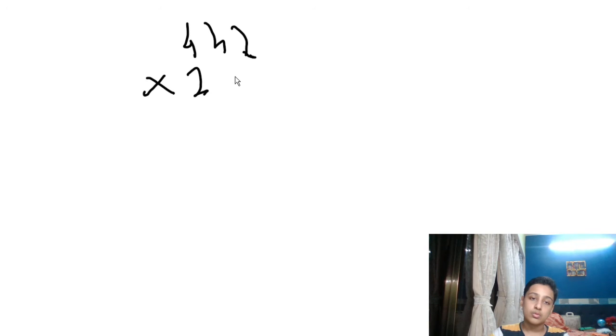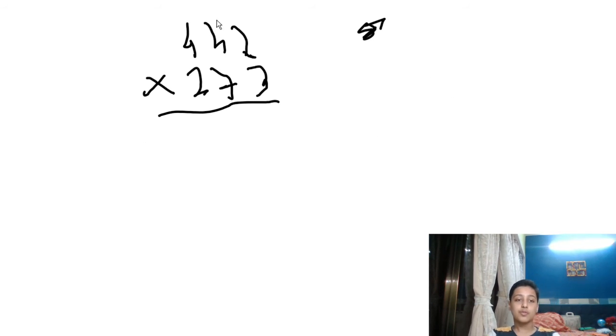Say 442 multiplied by 273. I just made it easier for you. Now I'm going to be writing the carryovers on this side. So 442 multiplied by 273. And my handwriting is really bad, but I'm doing it with the mouse, and that's a valid excuse.